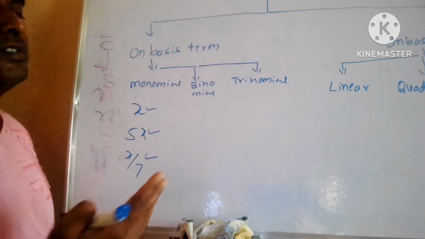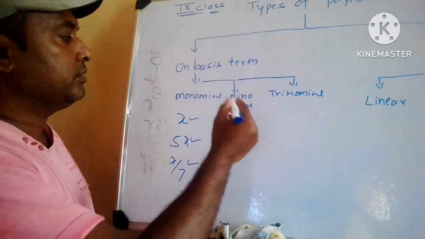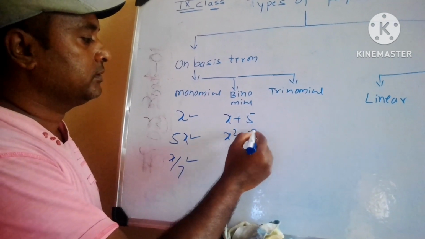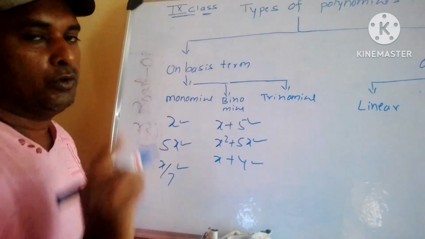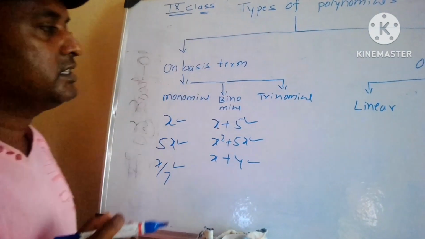Next one, the name itself says binomial. Bi means two. If a polynomial consists of two terms, then it becomes a binomial: x plus 5, x square plus 5x, x plus y. All these are binomials. Next one, trinomial.